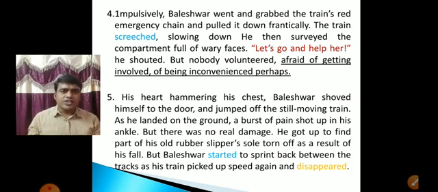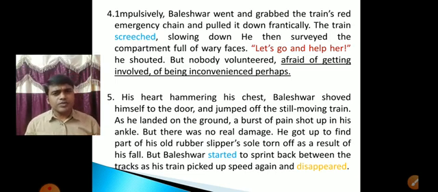The train screeched, slowing down. He then surveyed the compartment full of weary faces. "Let's go and help her," he shouted. But nobody volunteered, afraid of getting involved or being inconvenienced, perhaps.